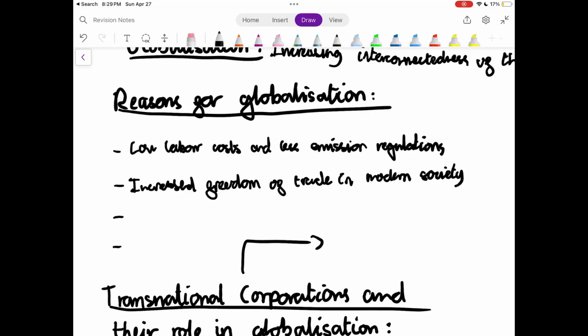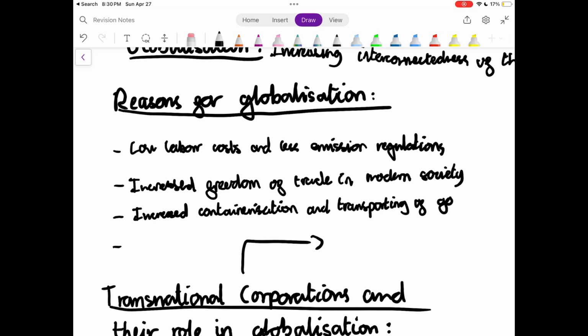The next is increased containerization and transporting of goods. And basically what containerization is, is that there is an increase in container ships.